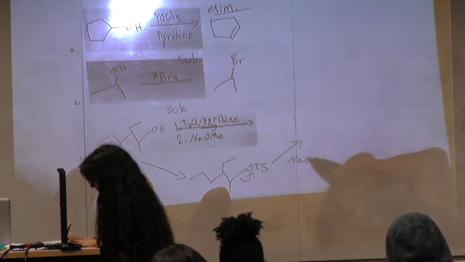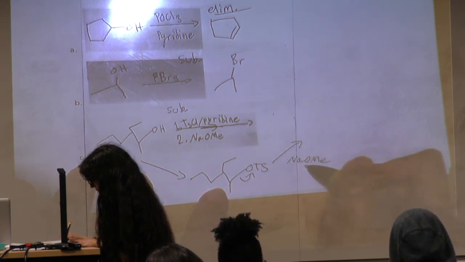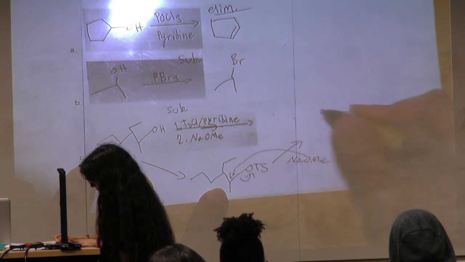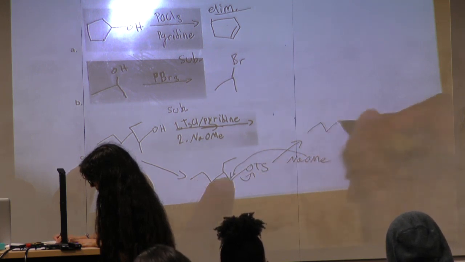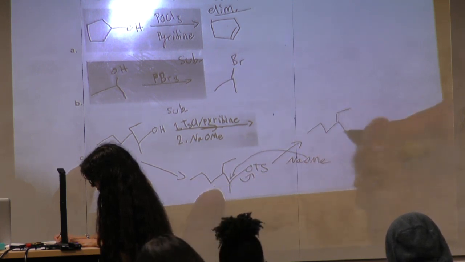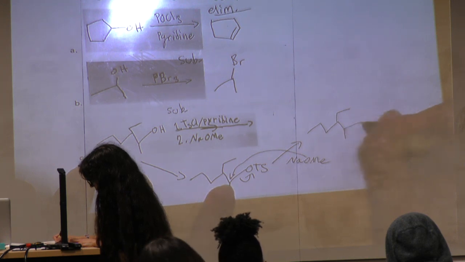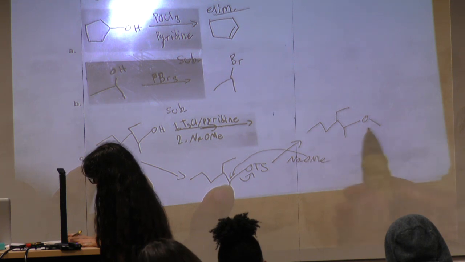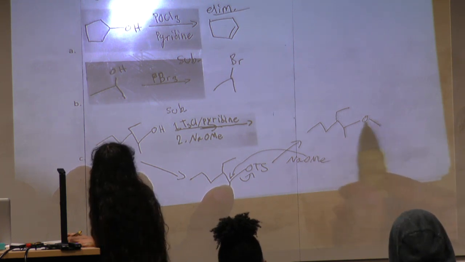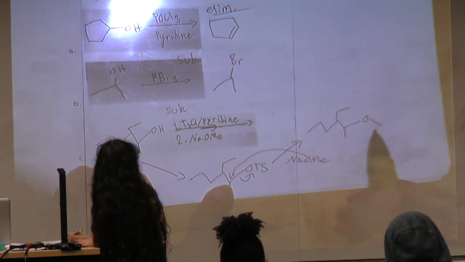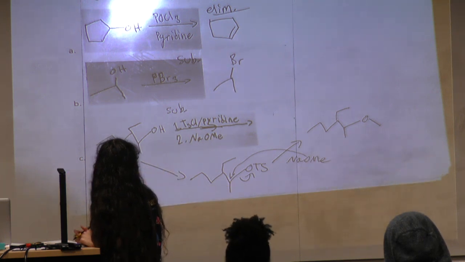This then does a substitution reaction. It goes and it attacks, and this is going to form oxygen with a methyl on it. So you could write it with a methyl, or you could write it with an OMe. It's the same thing. So you can see it both ways.